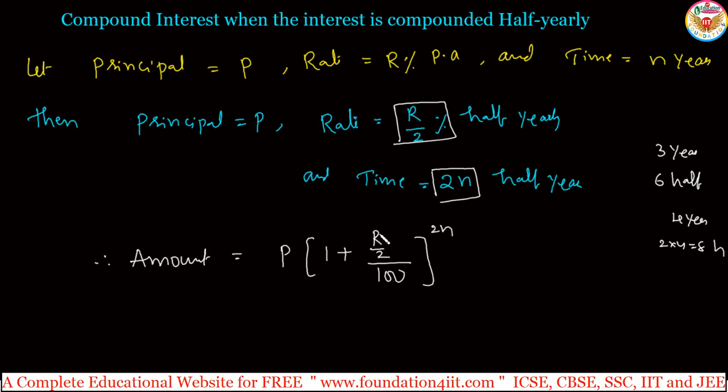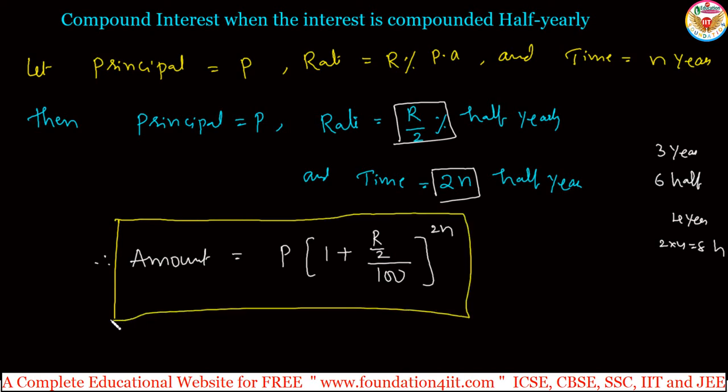So in place of R, R by 2, and in place of n, 2n. R is always the rate of interest per annum and n is the number of years, that does not change. This is the formula to find the amount when compounded half yearly.